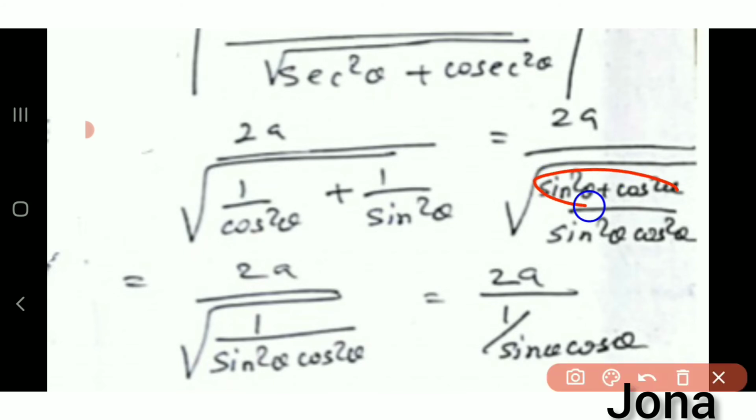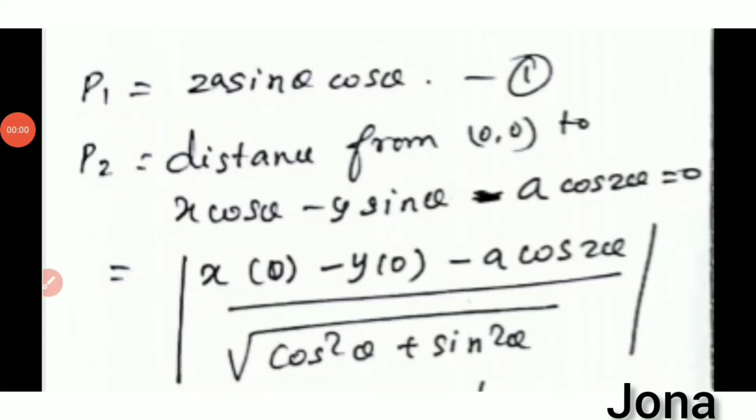Therefore, we can substitute this value as 1 here, divided by sin square theta cos square theta. If we take square root, we have simply 1 by sin theta cos theta. If you take the reciprocal of the denominator, we have the value of P1 is 2a sin theta cos theta.